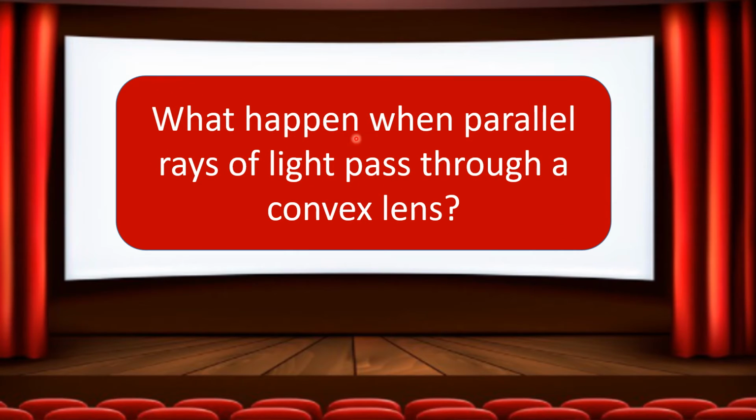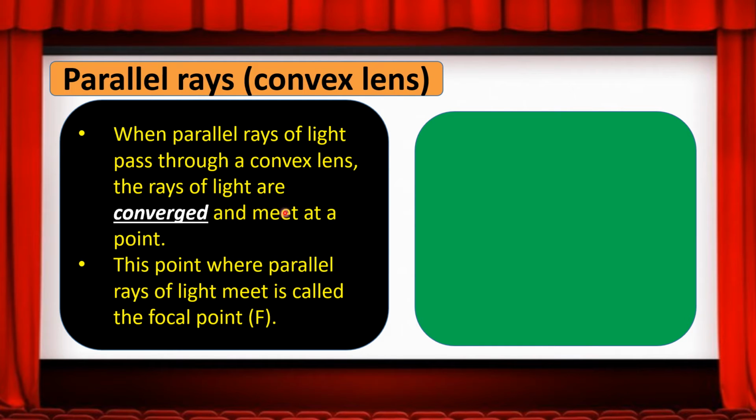Question: what happens when parallel rays of light pass through a convex lens? When parallel rays of light pass through a convex lens, the rays of light are converged and meet at a point.